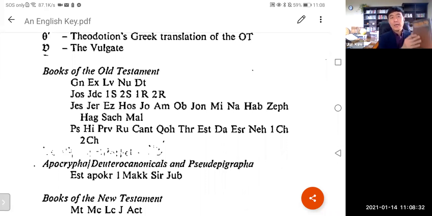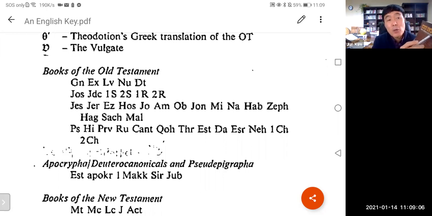By the way, you will see that this Hebrew Bible is called Torah, Nevi'im, and Ketuvim. Jewish people in the modern era call the Old Testament the Tanakh. Have you heard about it before? Tanakh stands for each word: T comes from Torah, N comes from Nevi'im, and K comes from Ketuvim.